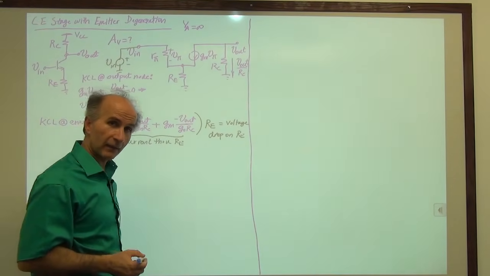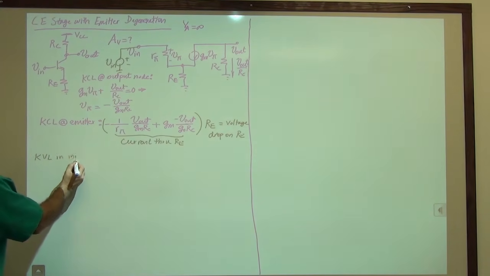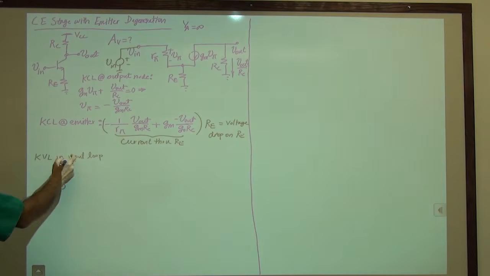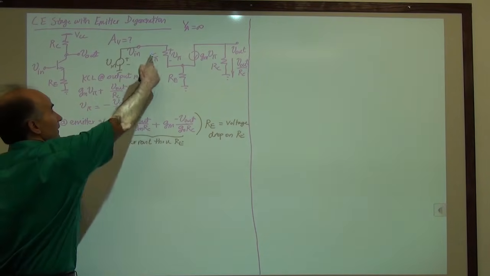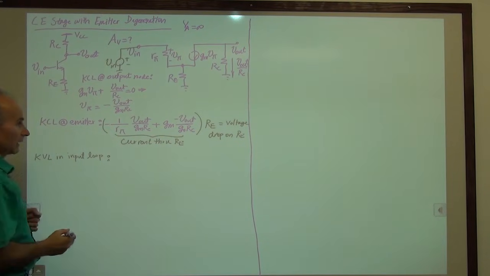So let's write that, KVL. We have a KVL in input loop. And this input loop is not standard terminology. We just call it input loop because that's sort of the input, right? So if I write a KVL, this is what I get.